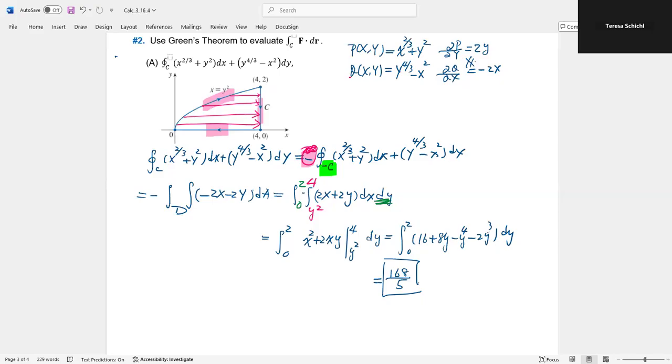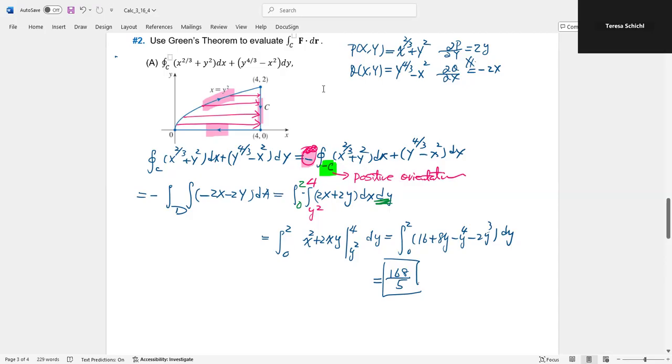So negative C, because C is clockwise, becomes counterclockwise, a positive orientation, which satisfies Green's theorem.